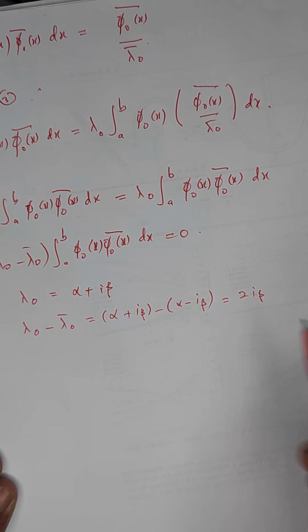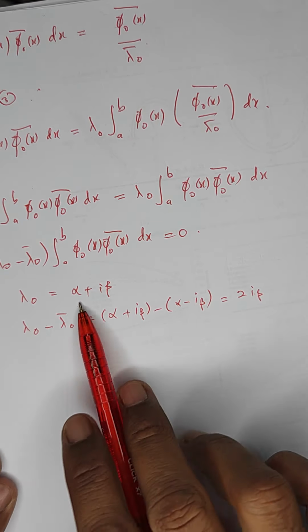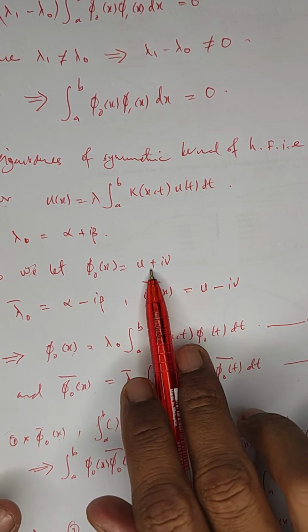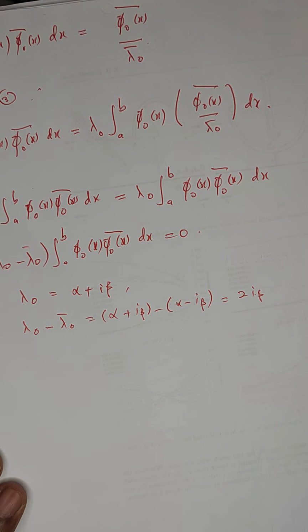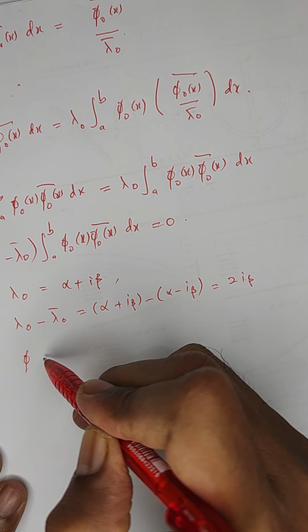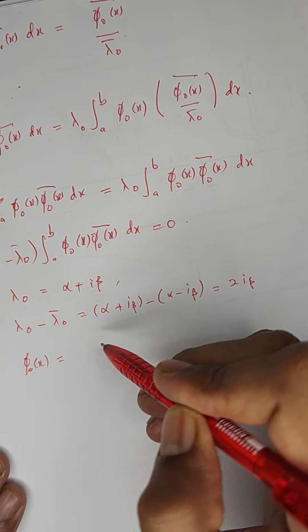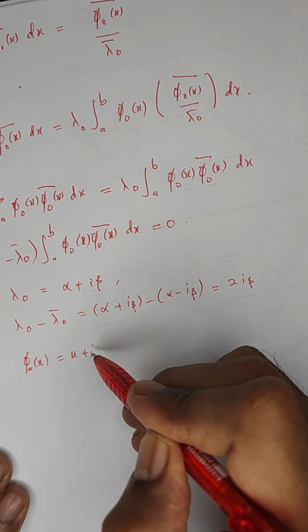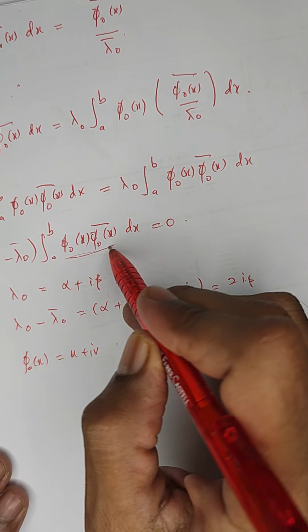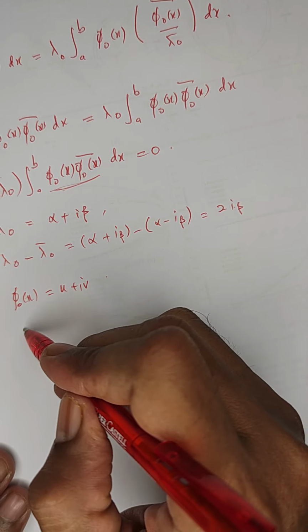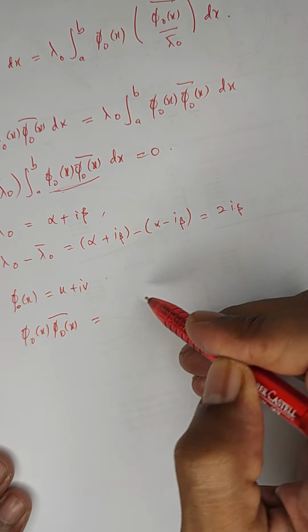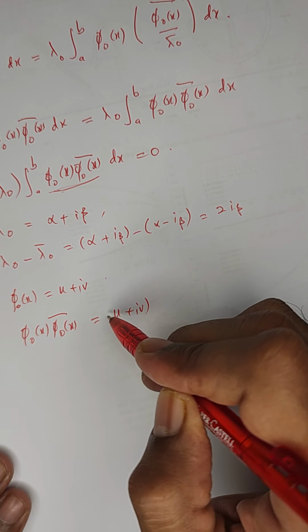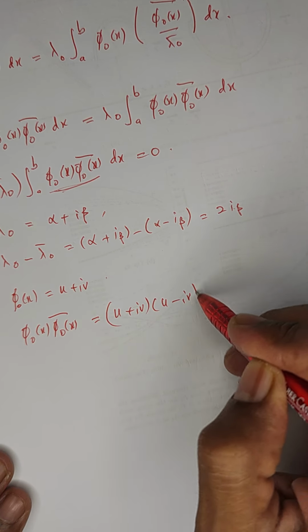And also for phi, our phi is given as u plus iv. So if you substitute that and multiply, phi naught x and phi naught bar give you u plus iv times u minus iv.